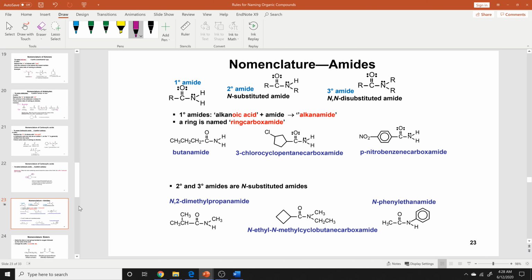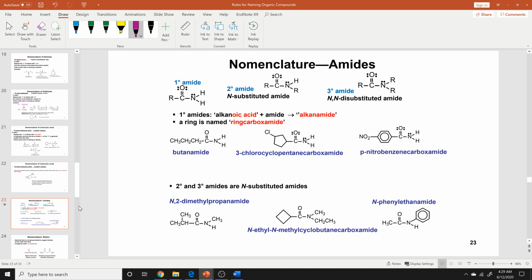Now with respect to the amide, amides are named as primary, secondary, or tertiary, as we did for the amine. If you are naming a primary amide, all you need to do is name the alkane chain.